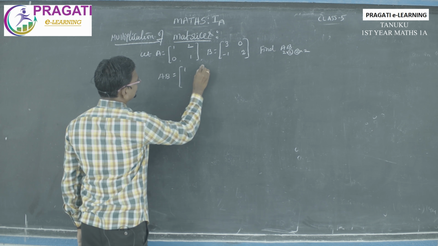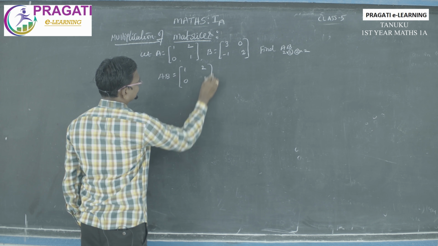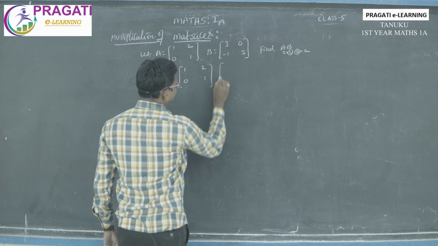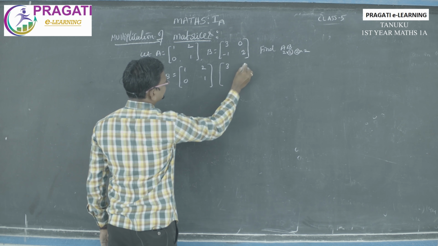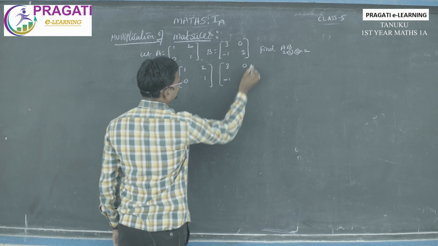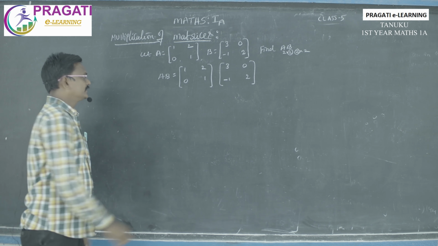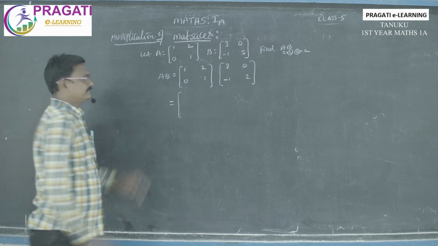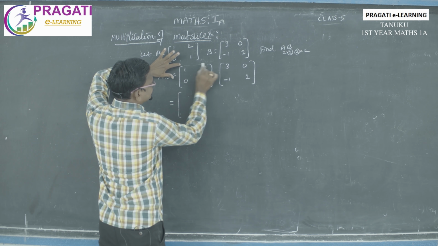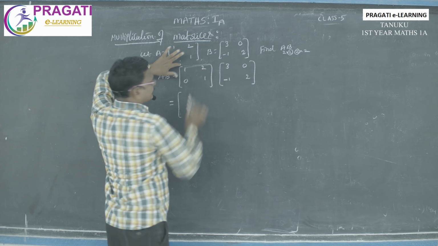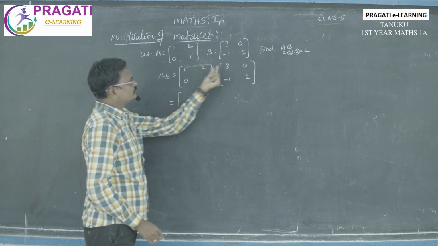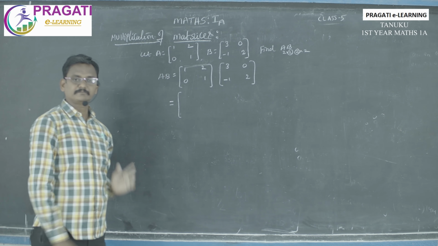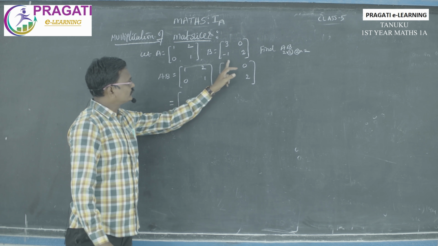Okay. Now I am going to process how to do it. A is 1 2 0 1 and B matrix is 3 0 minus 1 2. Now multiplication: first start with the row, multiply the first row with each column.